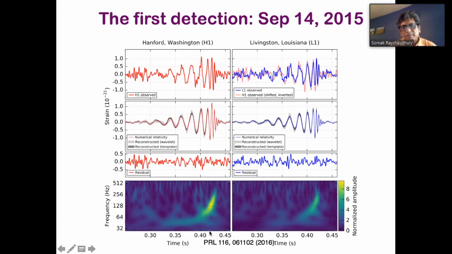This is the frequency as a function of time. And you can see that in a fraction of a second, in about a quarter of a second, the entire merger process happens, and the gravitational wave that is detected by these detectors saw a change in frequency in the typical way that theory predicts.